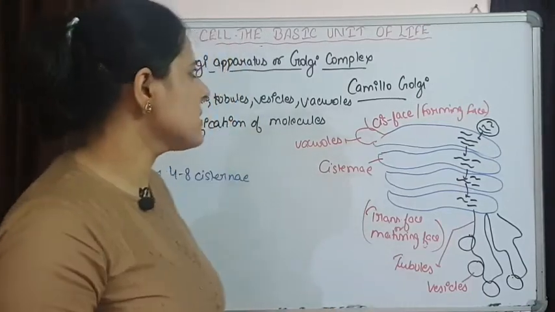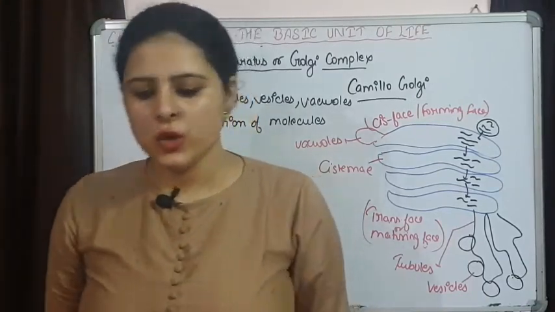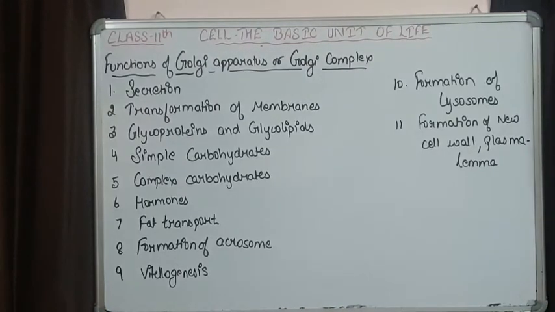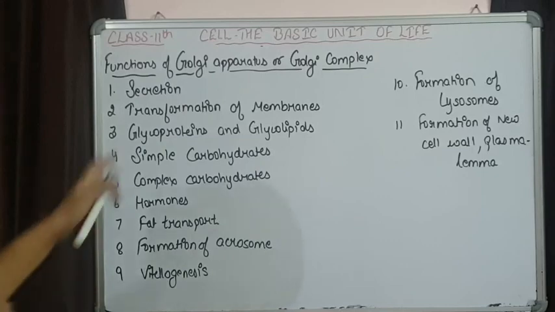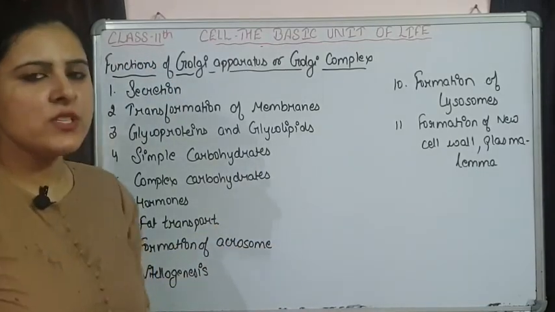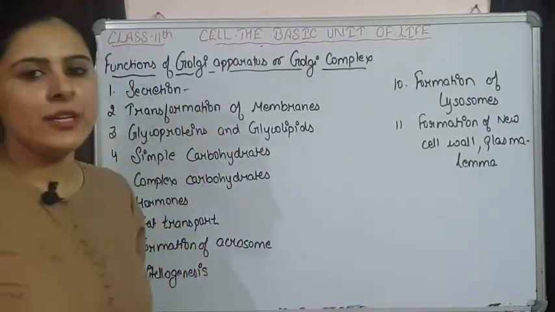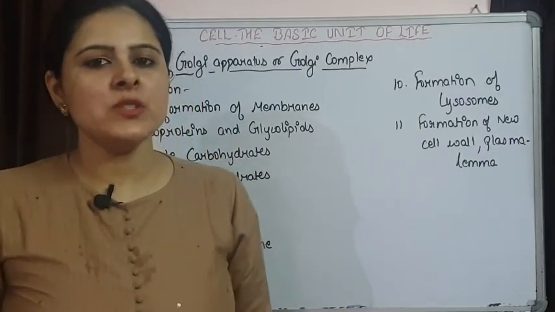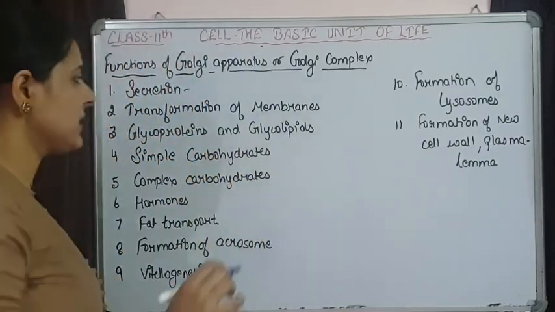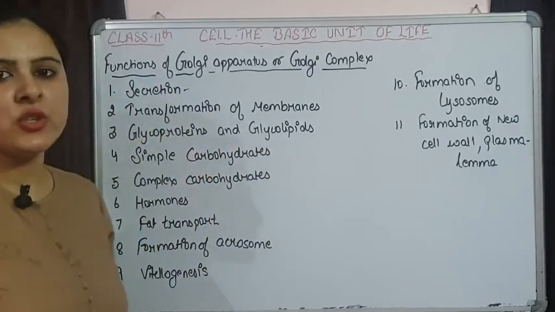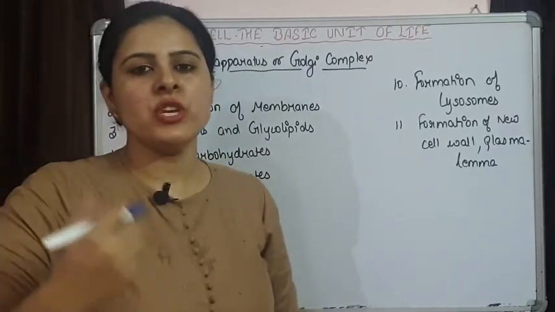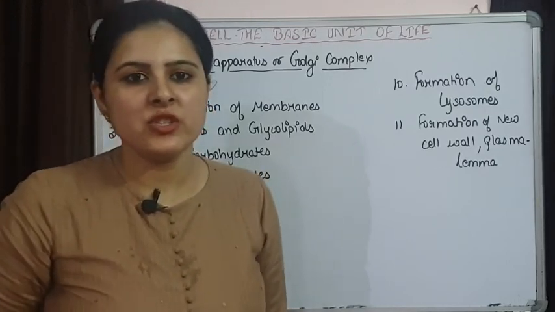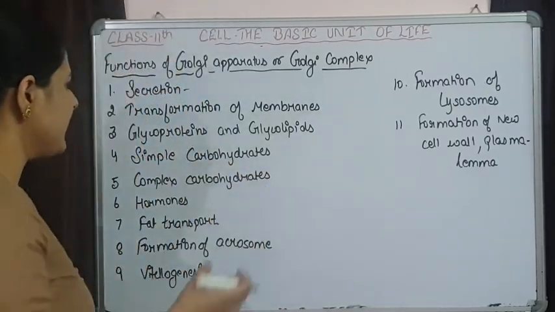Now let's discuss the functions of the Golgi complex. These are the functions of the Golgi apparatus. The first one is secretion. The glandular cells that are present are basically dependent upon these Golgi bodies for their secretion. Then transformation of membrane, it is going to change the membranes, like the membrane of the endoplasmic reticulum is being changed by this Golgi apparatus.